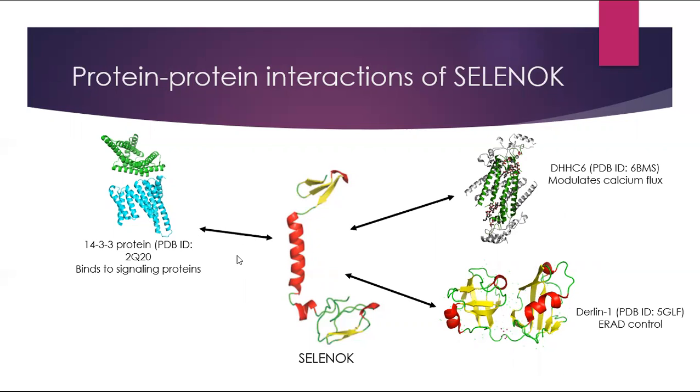I haven't mentioned this before, but seleno K is predicted to interact with this. And this protein, the 14-3-3 that is, binds to signaling proteins and thus is involved in several signaling pathways. And this, in our contemporary research, could be a good bridge to go to once we get past what I'm about to talk about on the next slide.